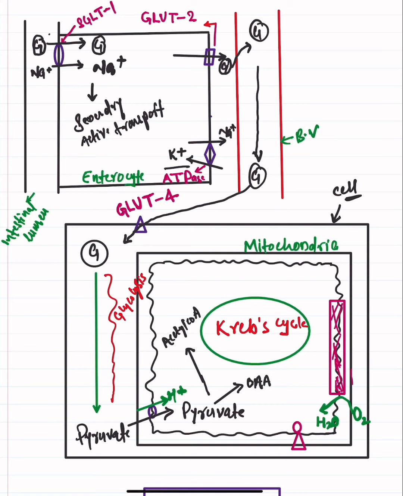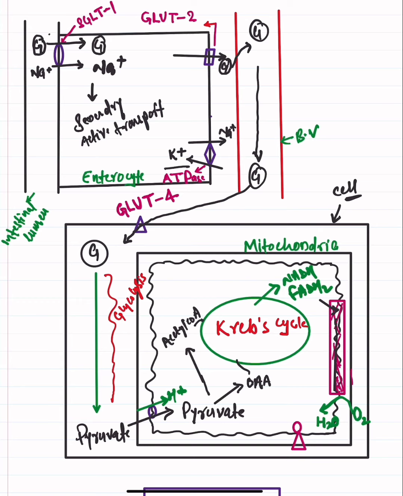And with this there will be a cycle known as the Krebs cycle, and this Krebs cycle will produce NADH, FADH2, etc. Right? These NADH and FADH2 will go into the chain of reactions called the electron transport chain, and at the end of it, oxygen will accept the electron and change into water, right?